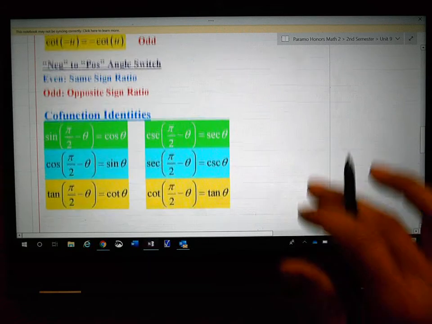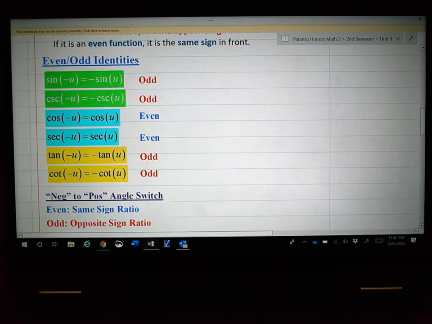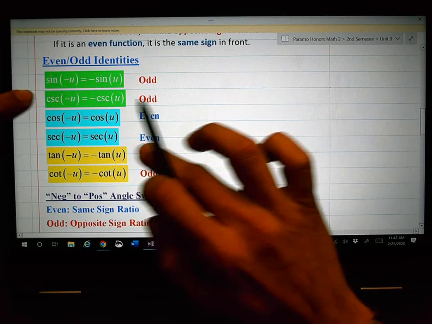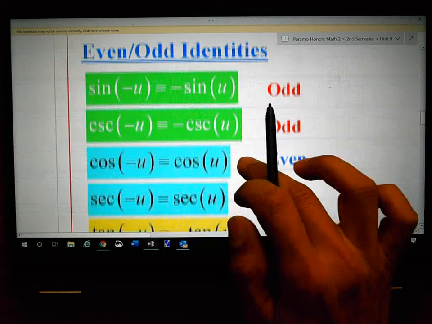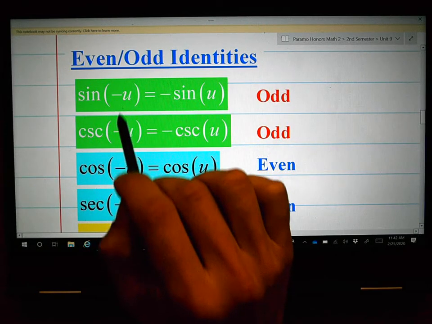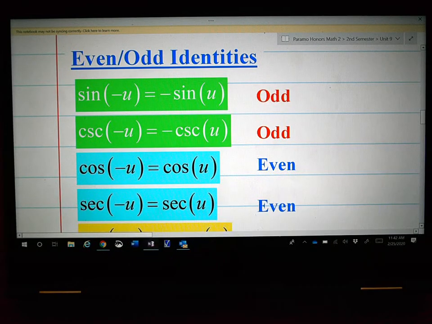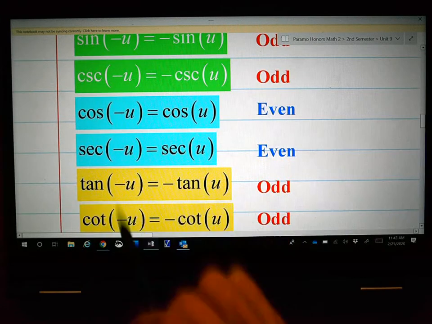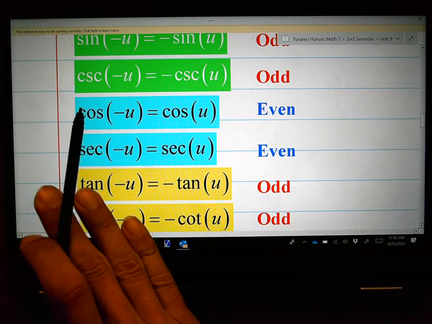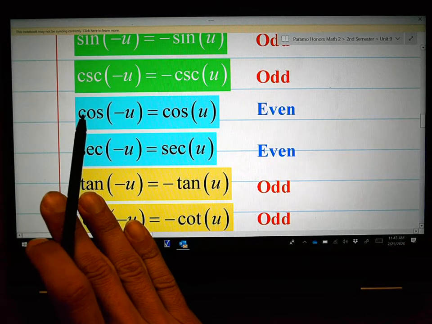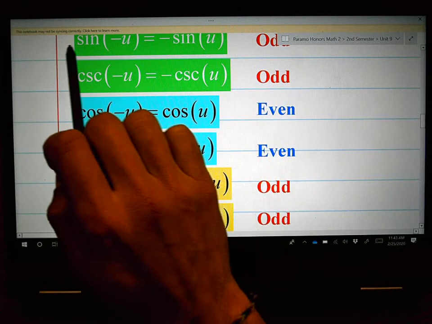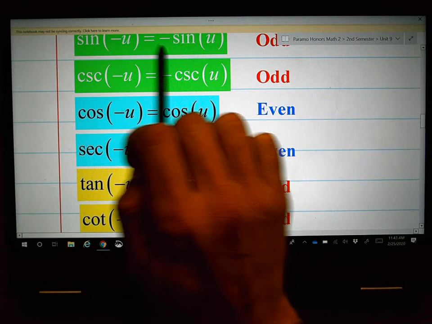Okay? First ones, even and odd, is a way to go from a negative angle into a positive angle. If you are given a negative angle for any of the trig functions, all 6 of them, and you go to a positive angle, sometimes it switches sign.